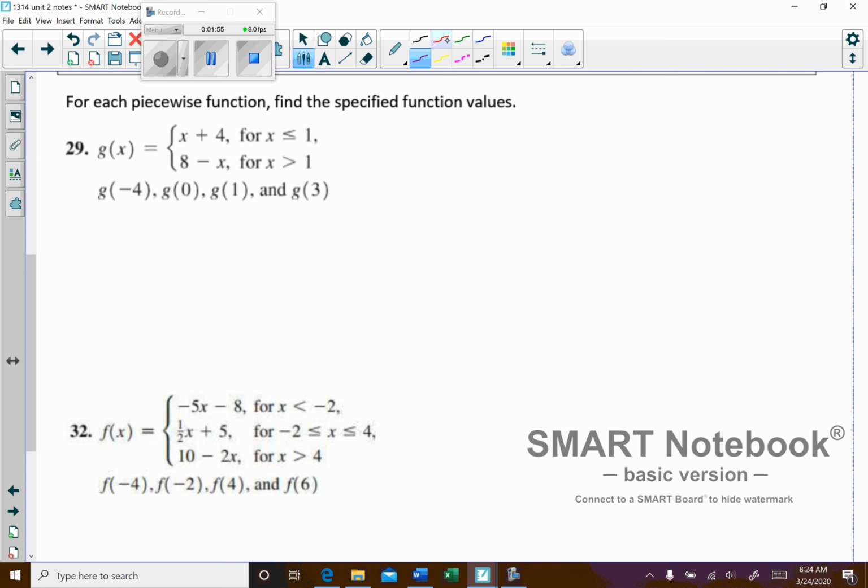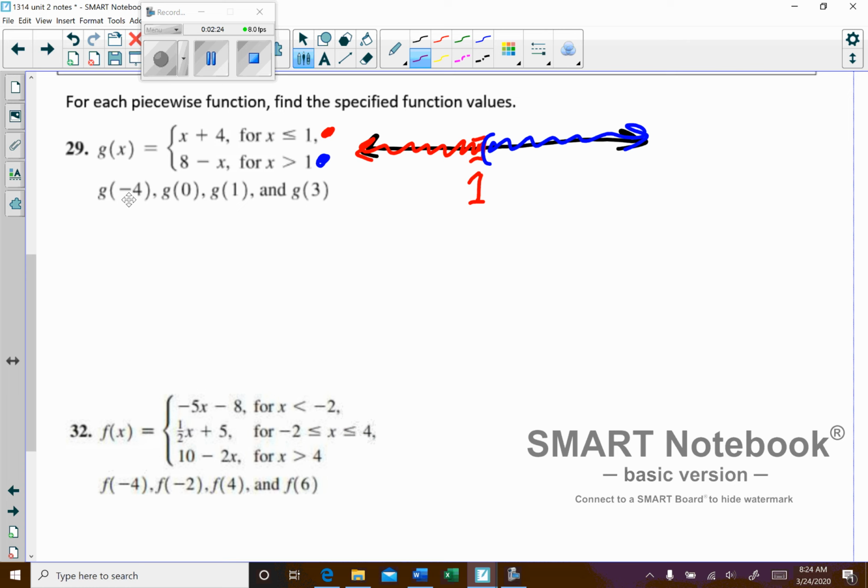And so what's going on here, let me try to give you a little picture of this. I'll do this top one in red. So right here at 1, anything that's less than or equal to 1, you're going to plug into the top one, the first one. If you have anything greater than 1, so I'll use a little parenthesis right there, you'll plug it into the second function right here.